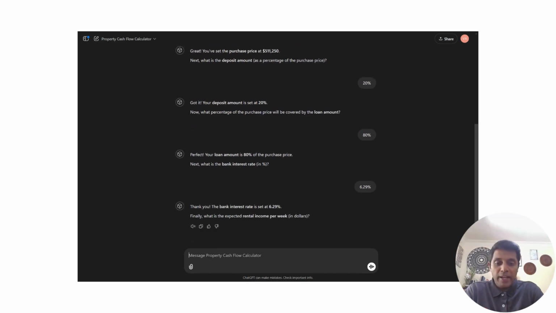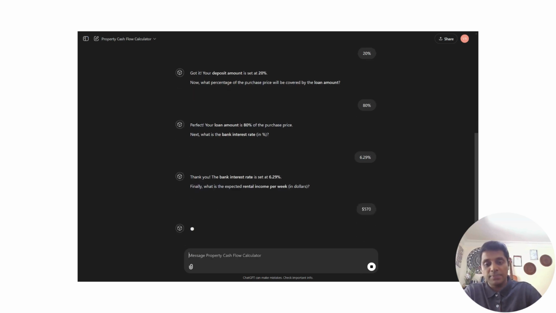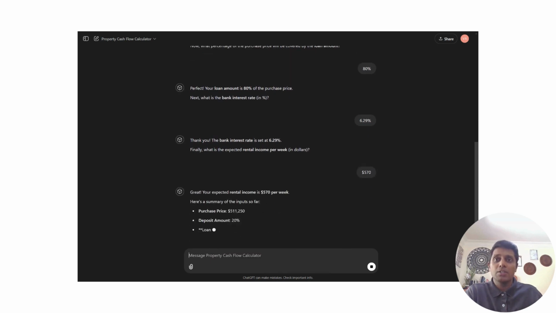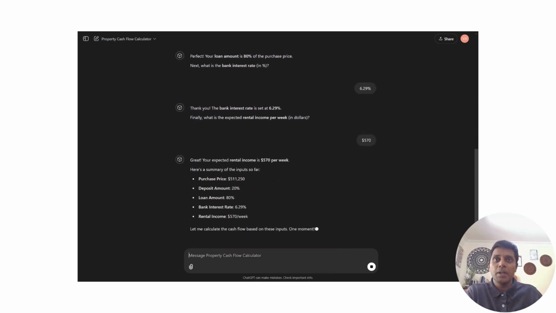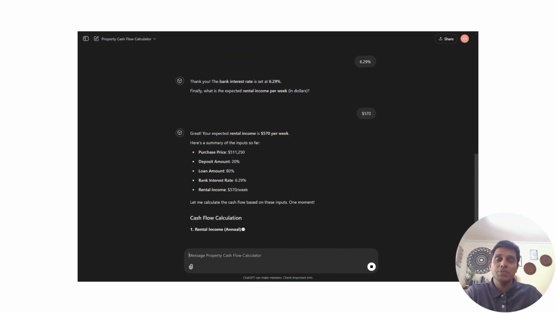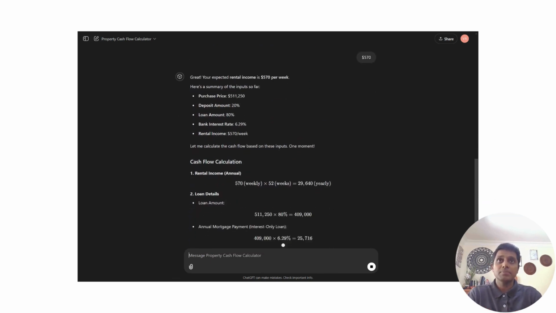And now the final question from the tool is, can you give me the rental income that you expect per week? They have sourced this information as $570 per week. That's all the tool needs from the buyers.